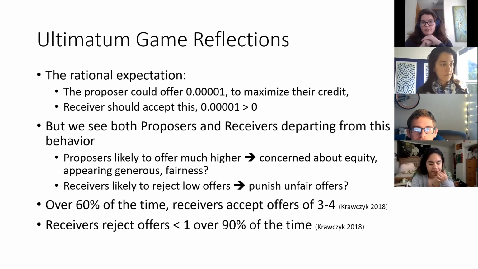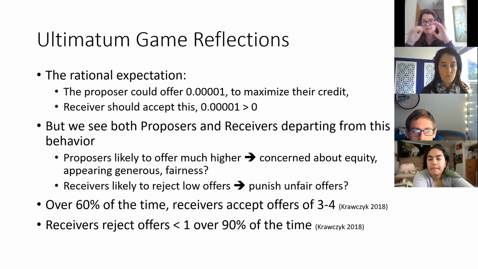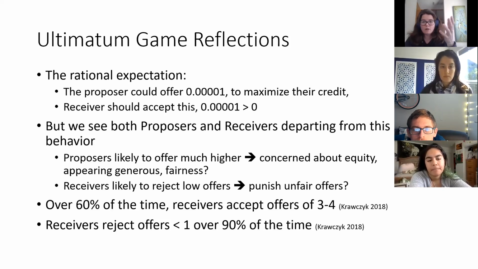But in this experiment, we see both the proposers and the receivers departing substantially from this credit-maximizing behavior. We heard from the proposers that they were willing to offer values much higher than 0. Some folks weren't so specific about why they did that.